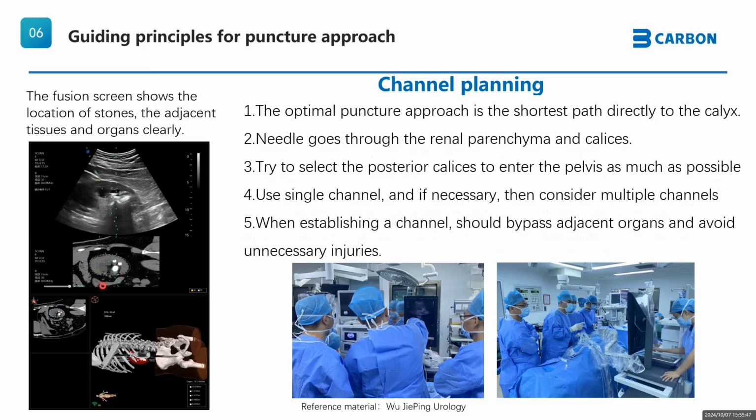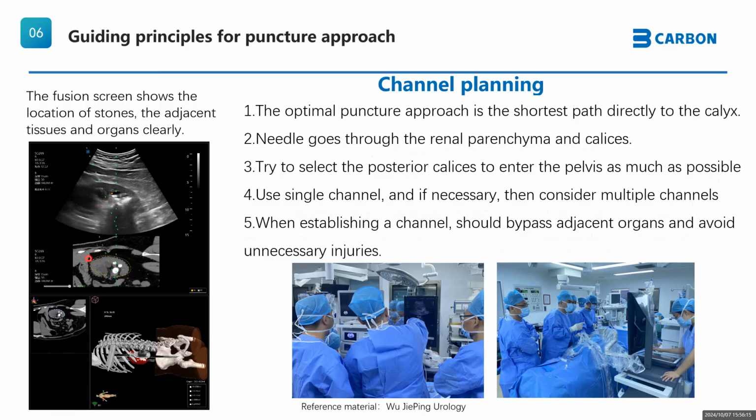Okay, if we use this fusion mode of ultrasound, we can see a very clear image like this video. Like this video, we can see the ultrasound needle that goes into the calyx, and also this is the CT scan. This is the target calyx.